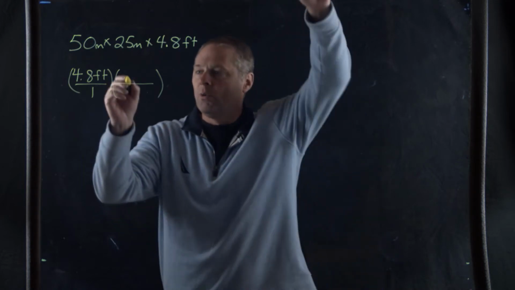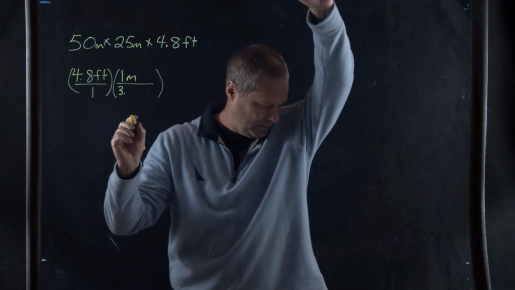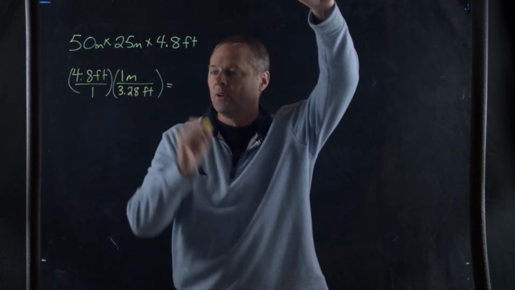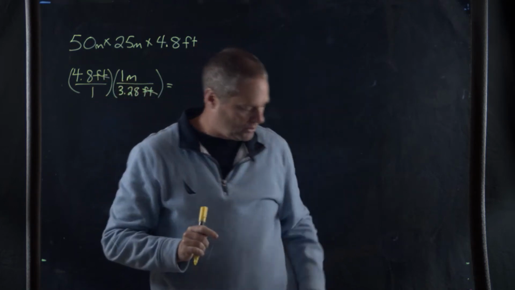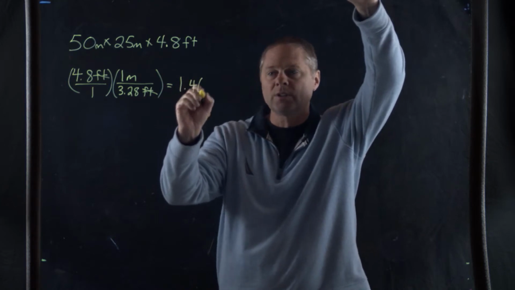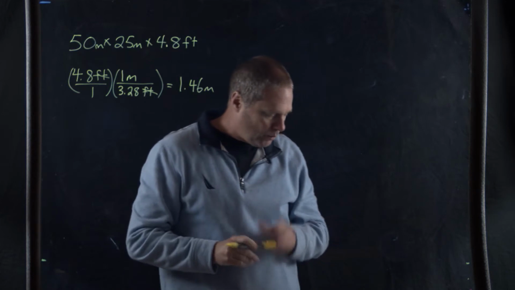And so 1 meter is equal to 3.28 feet. We can do that conversion. Notice that the feet are going to cancel, and we're going to be in units of meters, and this is 1.46 meters.